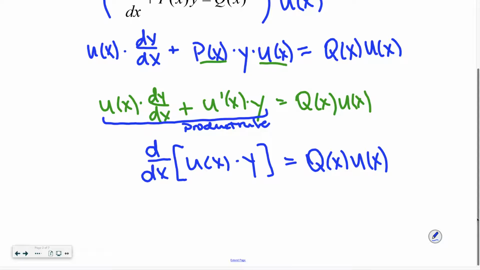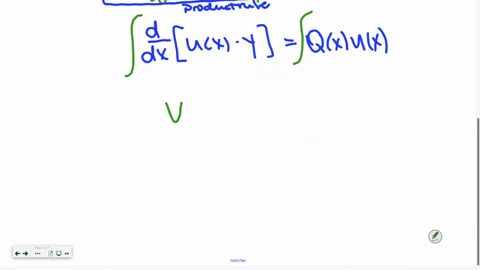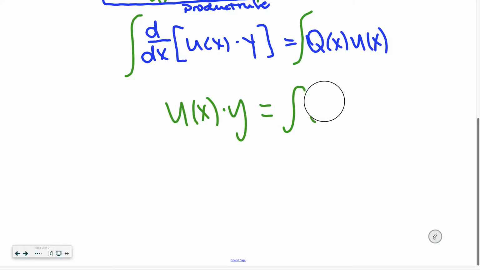Okay. So once we get that integrating factor and we force this product rule to happen, now we have a derivative over here where we can just integrate both sides, to where now we're dealing with u of x times y equals the integral of q of x, u of x, dx.